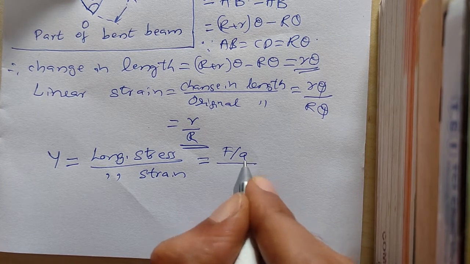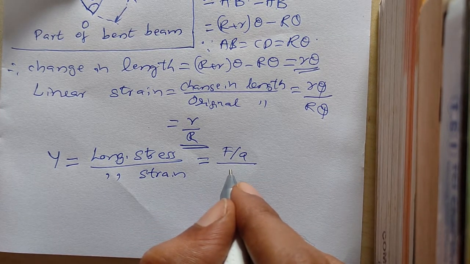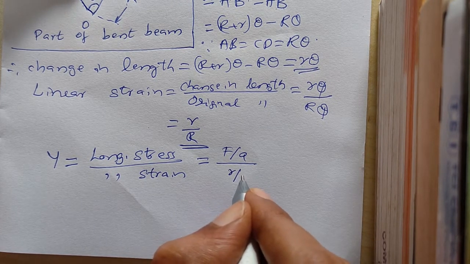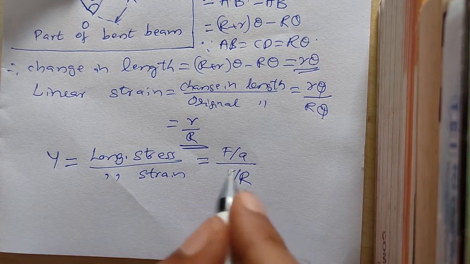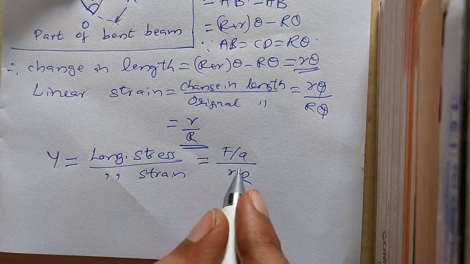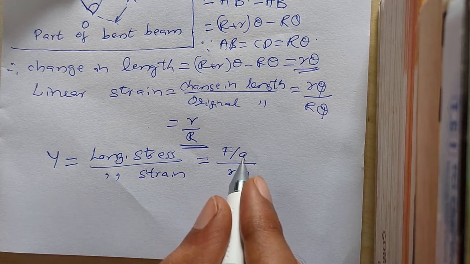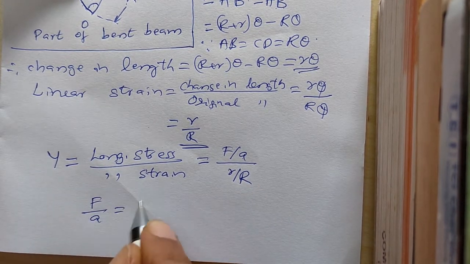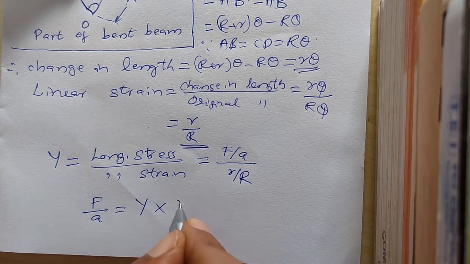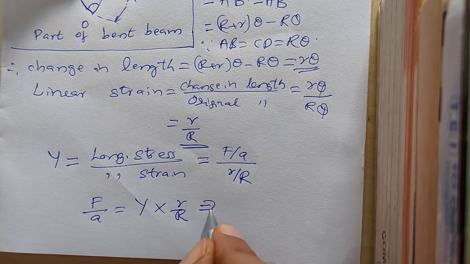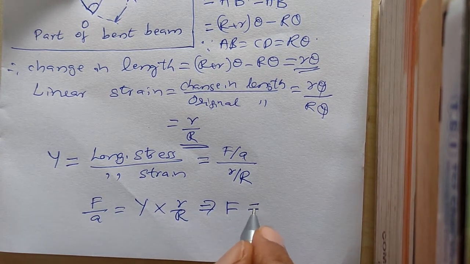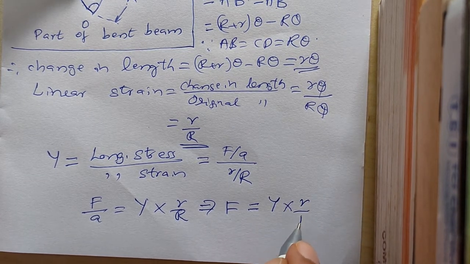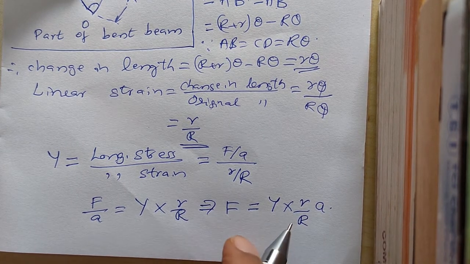Force per unit area, divided by longitudinal strain, and the strain is r by R. So I'll take this force term to the left side: force divided by area is equal to Young's modulus into r by R. That implies the force F is equal to Y into r by R into A. So this is the force.